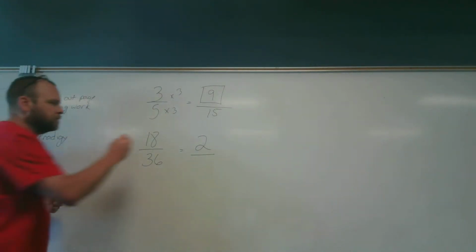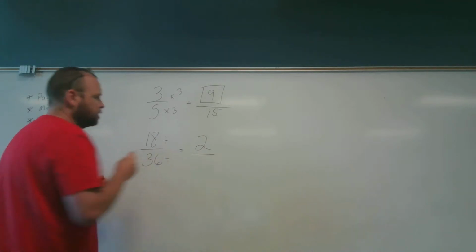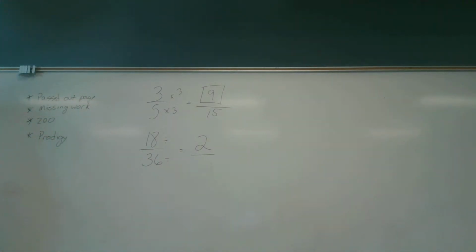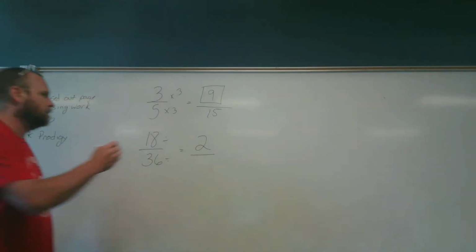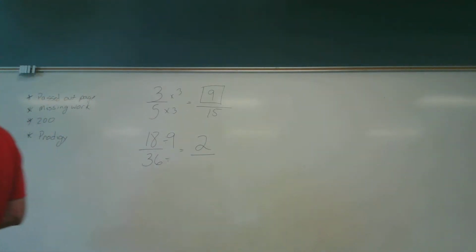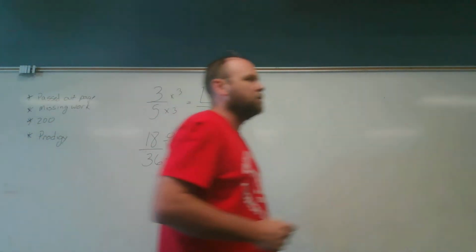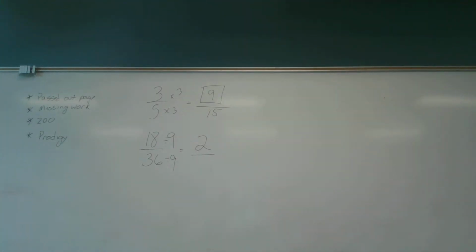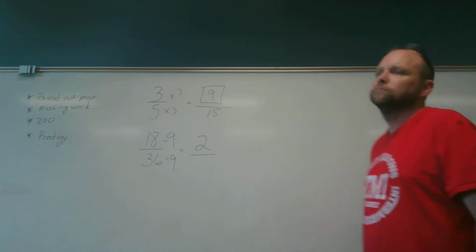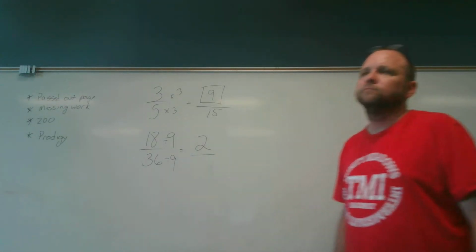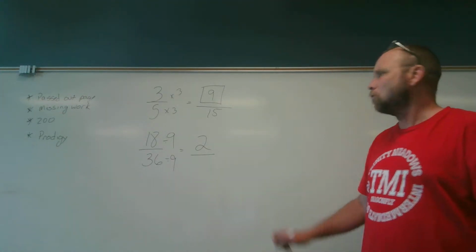So that means we're going to have to divide both of these by the same number. 18 divided by what gives us 2? 9. Whatever I do to the numerator, I must also do to the denominator. 36 divided by 9 is what? 4.